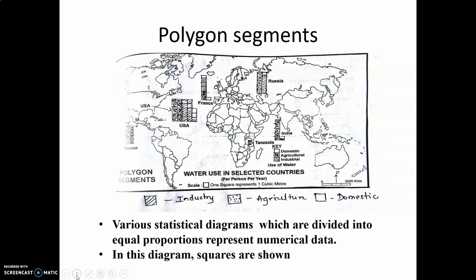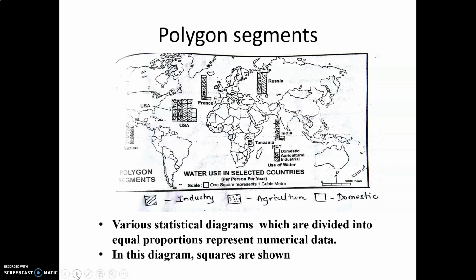So you can find out how many cubic meters of water are used for industrial purpose, how many for agricultural purpose, and how much is used for domestic purpose. Plus you will be able to understand the quantity and where it is used.